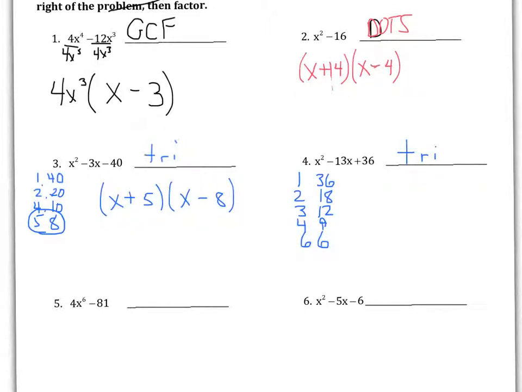Since they multiply to a positive, we have to have numbers that add up to 13. Look at all those, and it's definitely going to be the 4 and the 9. So we've got x with 4, x with 9, and they have to multiply to a positive, so they're going to be the same symbol, but if they add up to a negative, they're both negative.